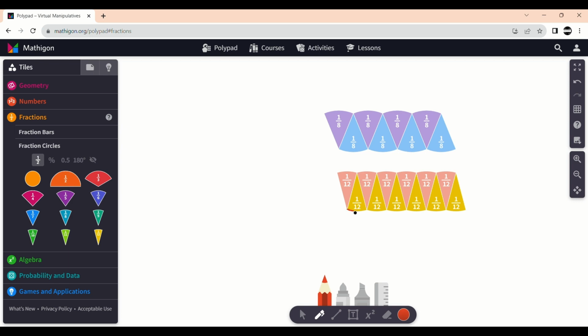So if you look at this bottom, when it was part of a circle, it was the alternate ones, right? Those alternate ones, if you group them together, then you would get half a circle.